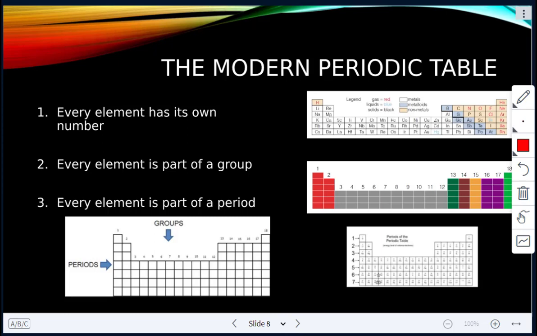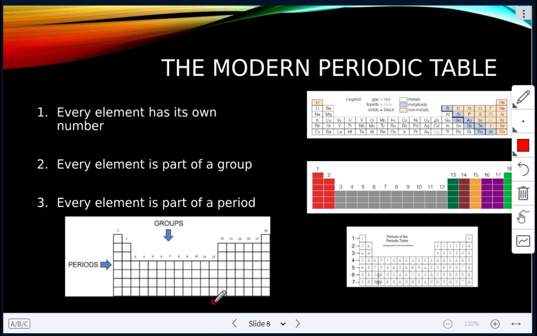Next we're going to talk about how every element has its own number, and every element is part of a group and a period. We've already talked about groups. Groups are the vertical columns going all the way up to 18, shown here as 1 to 18.